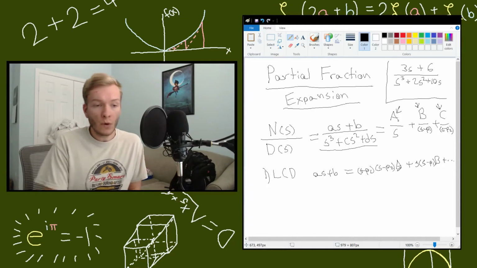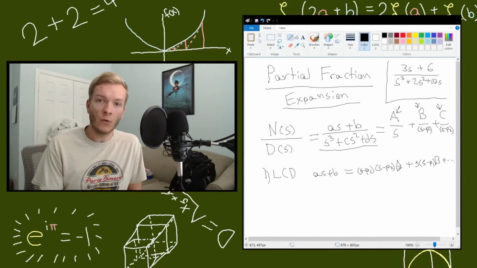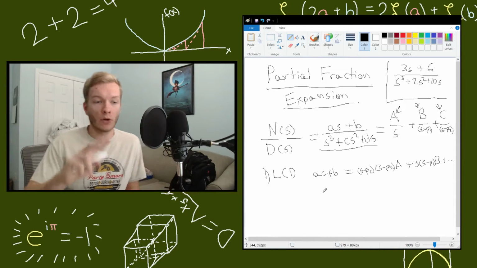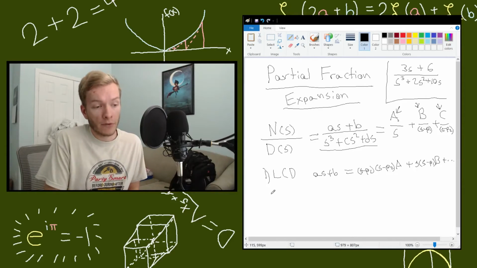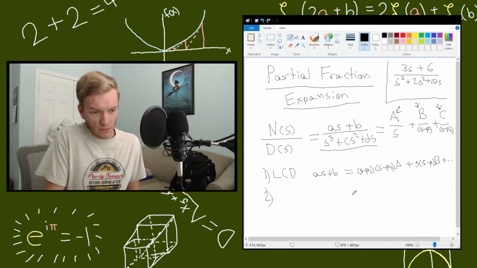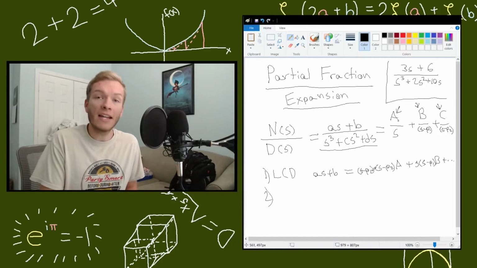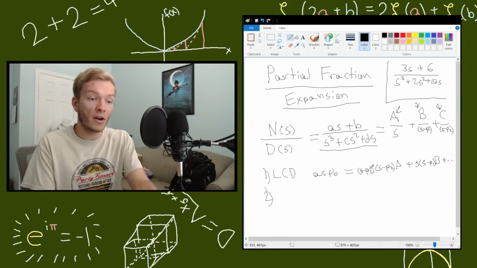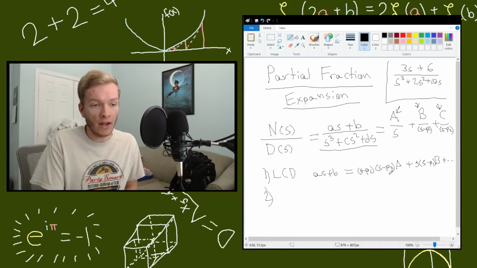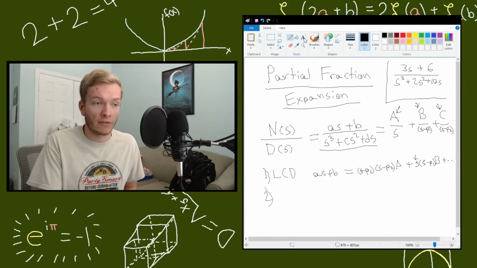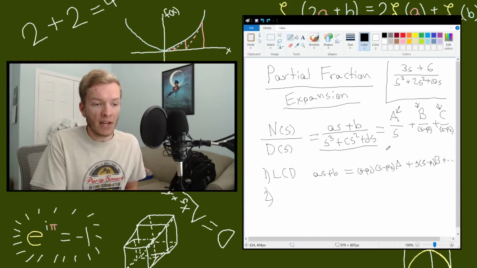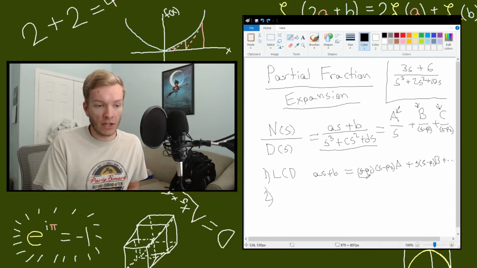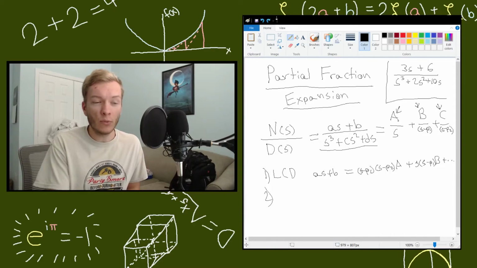So what we can see here is that there are now ways we can make this cancel out some. There are two different ways to approach this after setting it up in this form. The first way is that we can plug in a number that will cancel out. Plug in one of the zeros, actually. So if we have P1, P2, or in this case 0 for S, we can plug these in, and because there is only one term that does not have that particular factor multiplied to it, it will be the only one left over.